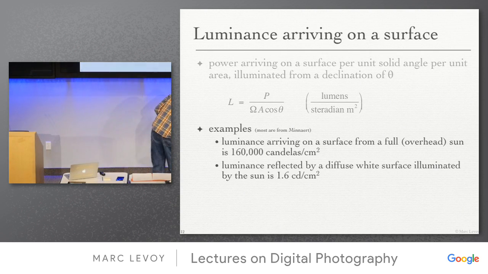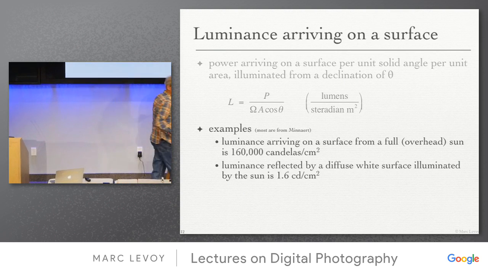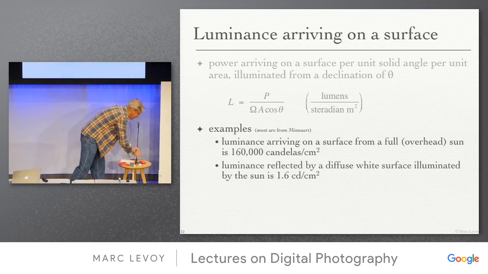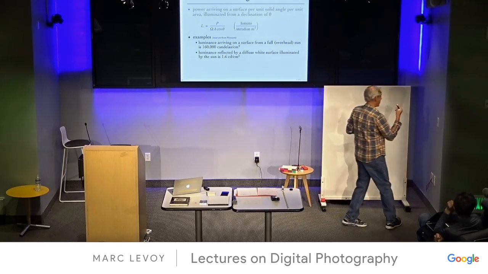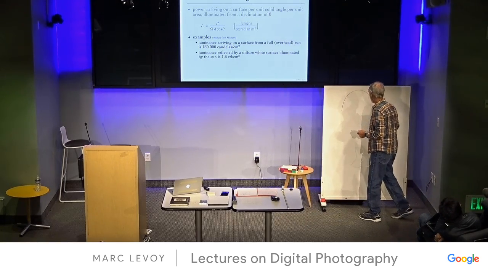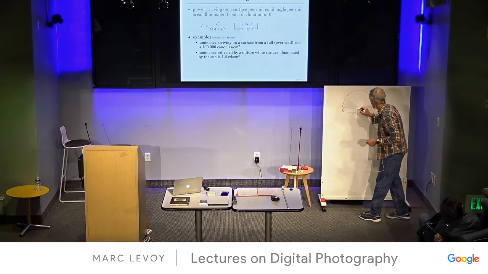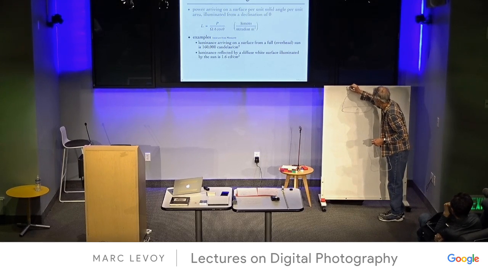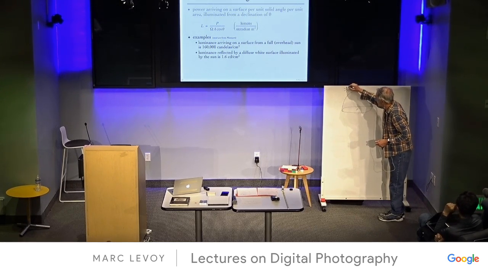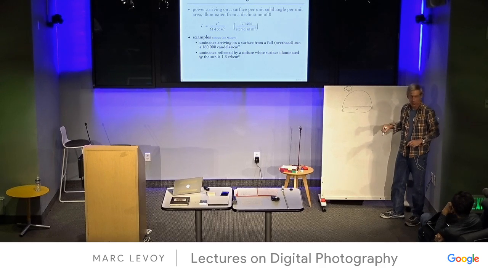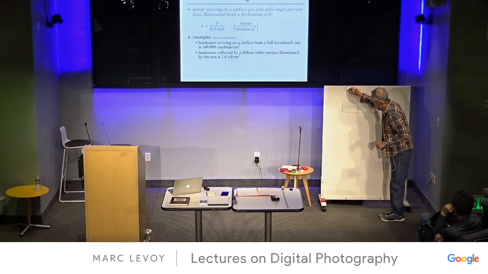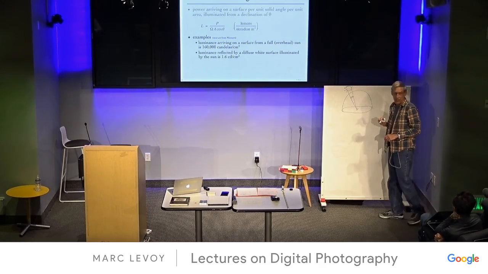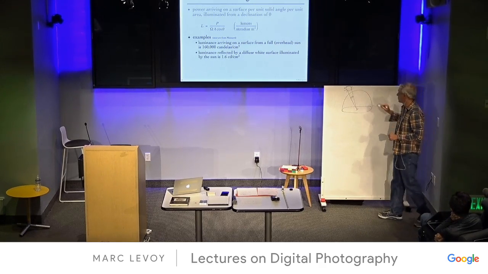Here's where you really need to work these examples very carefully with respect to the geometry. Let me just work one example for you. I won't do this for everything I'm talking about today. So here's my hemisphere, and I've got a little patch of sidewalk here, and I've got the sun up here. The sun actually subtends some angle in the sky, so we can talk about the solid angle through which stuff appears.